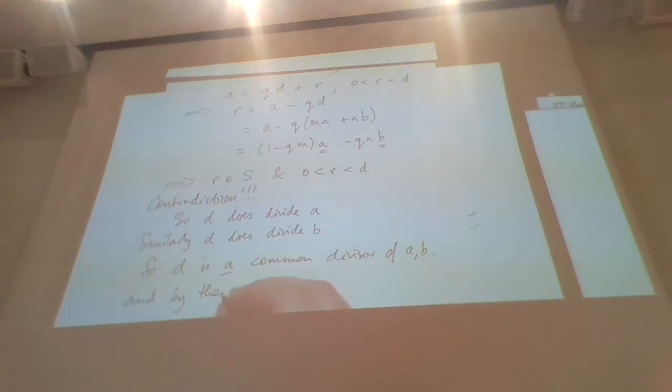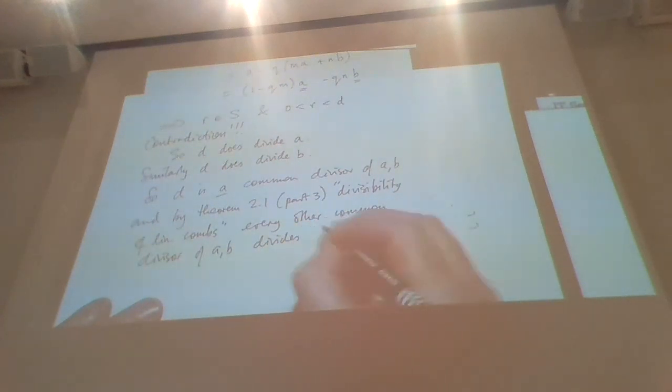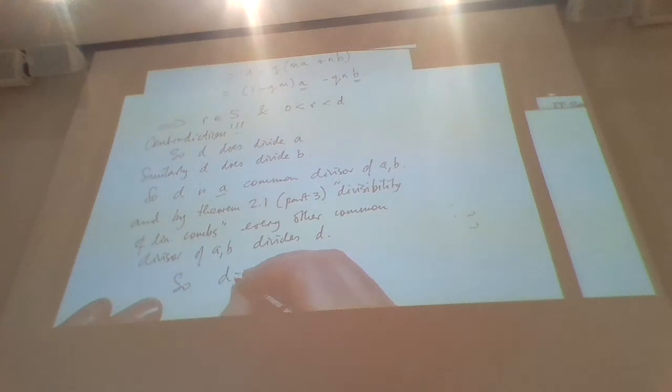And by theorem 2.1 part 3, which is what I reminded you at the start, which is the divisibility of linear combinations, every other common divisor of A and B divides D. So D is the greatest common divisor.